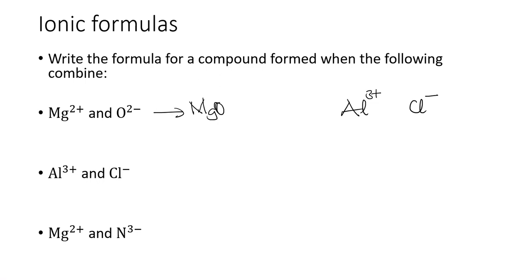Now I want to write the formula of this compound. As I said at the beginning, look at the charges. So aluminum has a charge of 3+. Chlorine has a charge of negative.